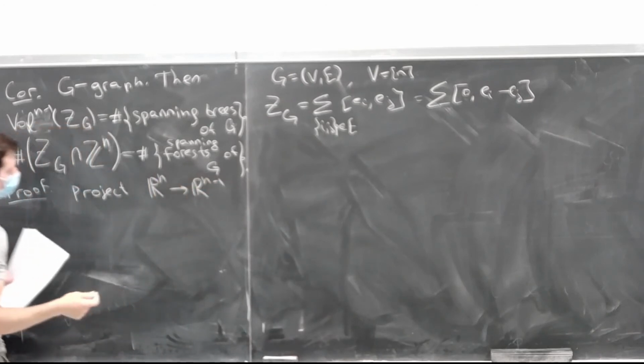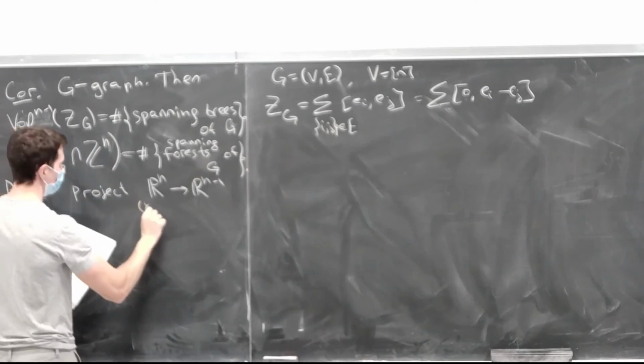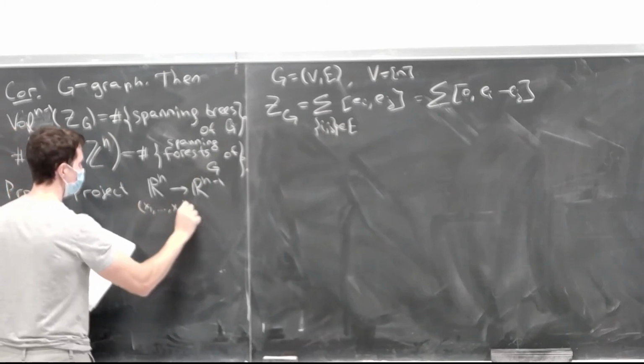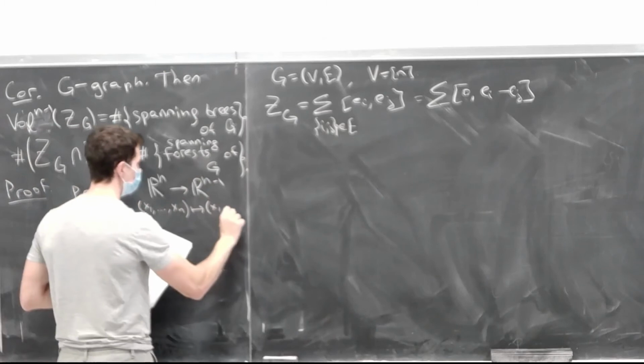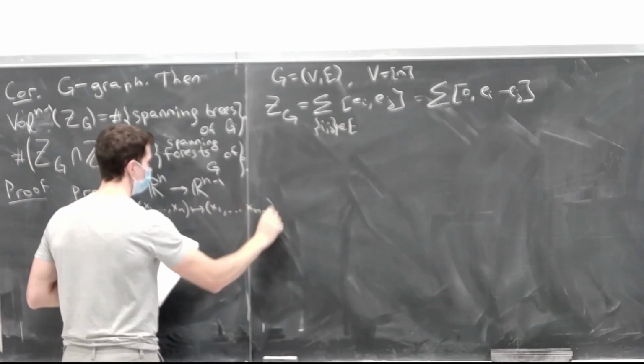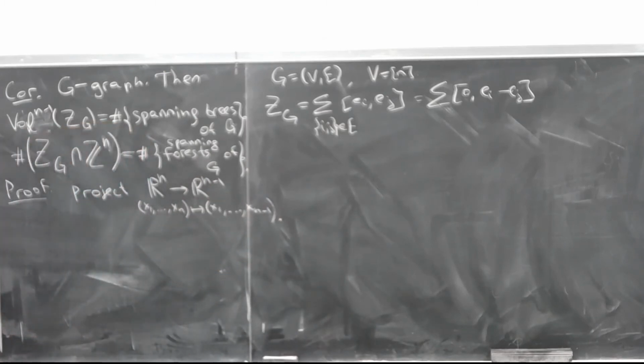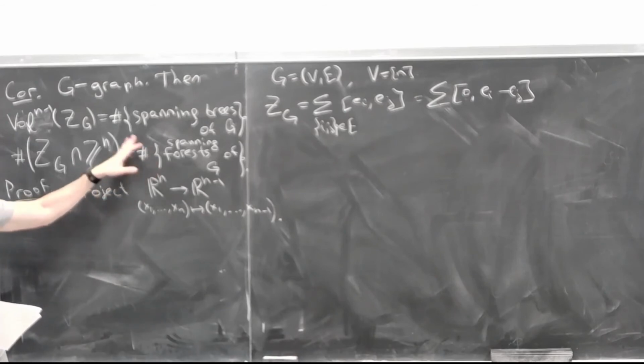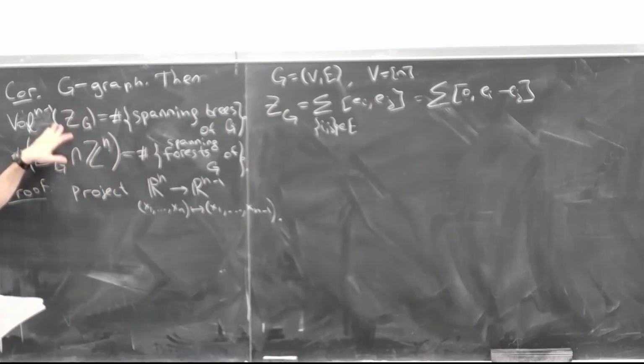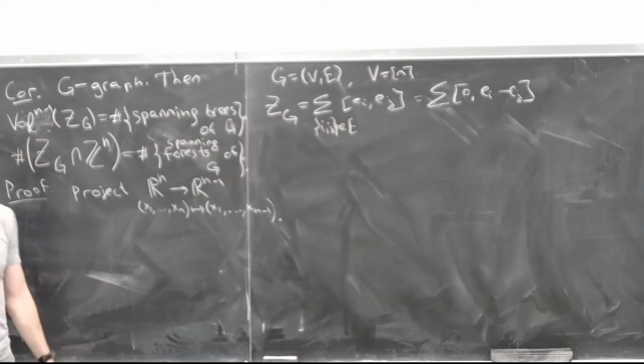by forgetting the last coordinate. And note that this polytope does not have a constant last coordinate.